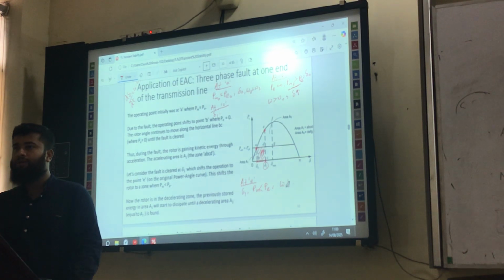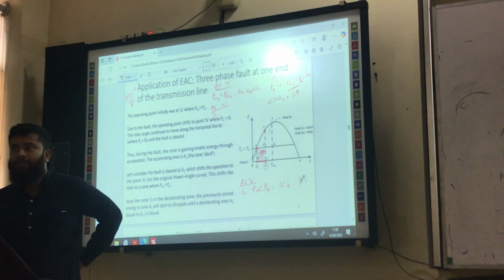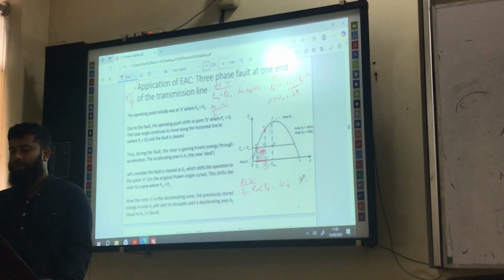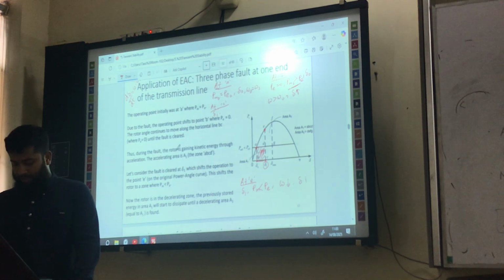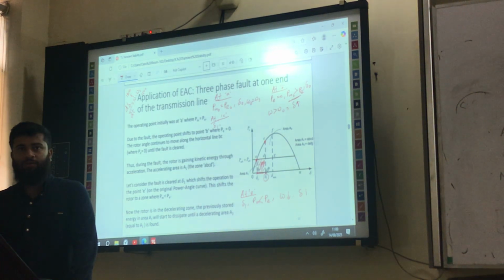That means the omega will decrease. Now can you say what will happen to this delta? Delta will increase or decrease? Delta will increase. Why will it increase? Look, let's say previously omega naught is fixed at 1500 rpm, and in this accelerating zone the omega has increased up to 1800 rpm at point C. So at point E, it is also 1800 rpm.